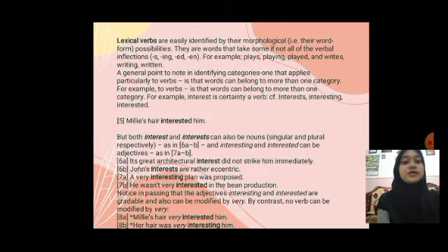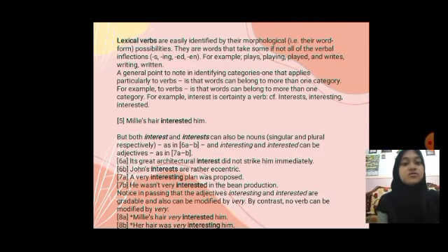Lexical verbs are easily identified by their morphological, their word form, possibilities. They are words that take some, if not all, of the verbal inflections -s, -ing, -ed, and -en. For example, plays, playing, played, and write, writes, writing, written.